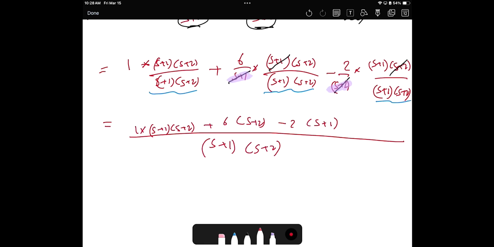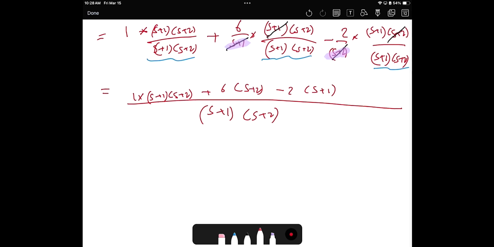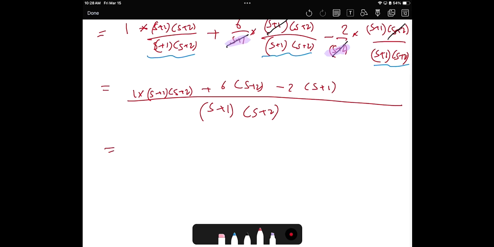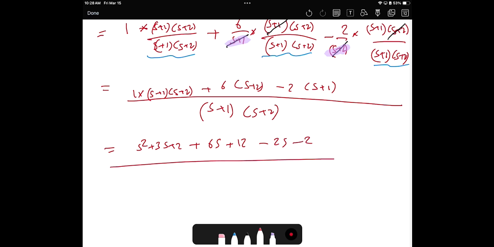Then I have it written as numerator over denominator, but I still need to simplify the numerator first. So (s plus 1)(s plus 2) is s squared plus 3s plus 2, plus 6 times (s plus 2), 6s plus 12, minus 2 times (s plus 1), 2s plus 2.